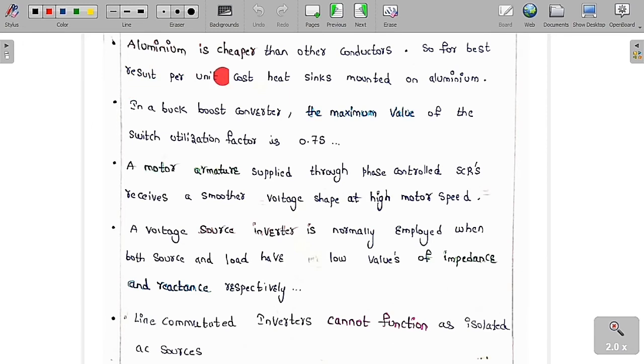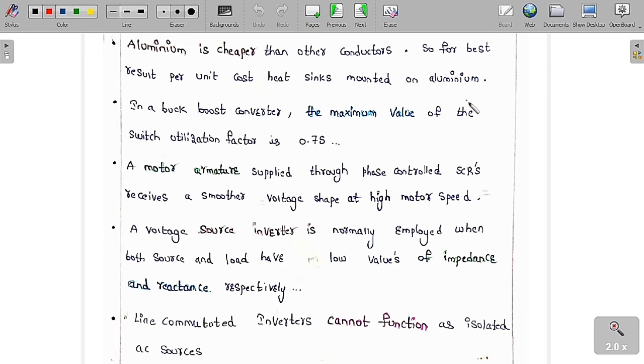Aluminum is cheaper than other conductors. So for best results per unit cost, heat sinks are mounted on aluminum.